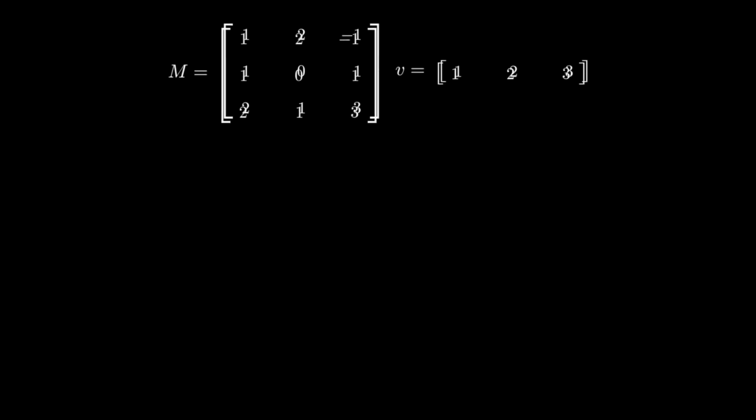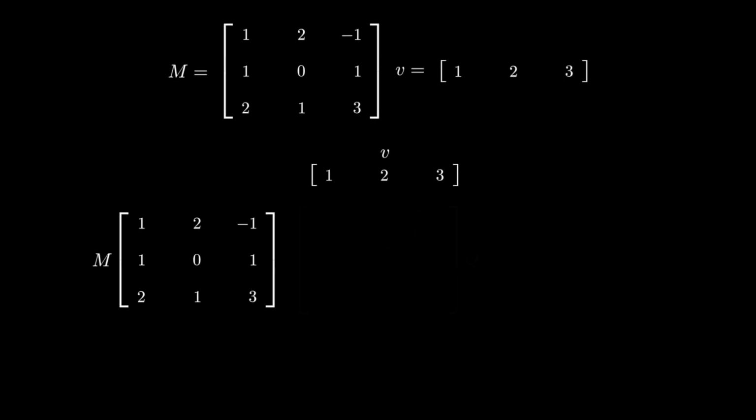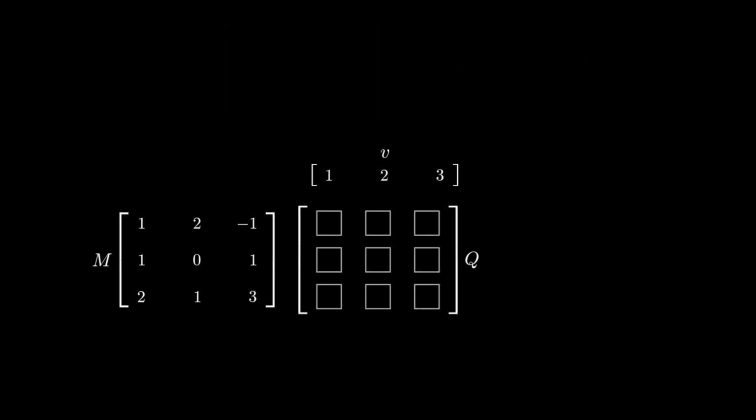Falk's scheme also shows you why a matrix M can only operate leftward on a row vector, but not rightwards. Let's start by operating M rightwards on a row vector. Following the rules of Falk's scheme, you would predict that the resulting M times V is a 3 by 3 matrix, but when you try to perform the multiplication, you can't do it because the first row of M has 3 elements, but the first column of V has only 1 element.